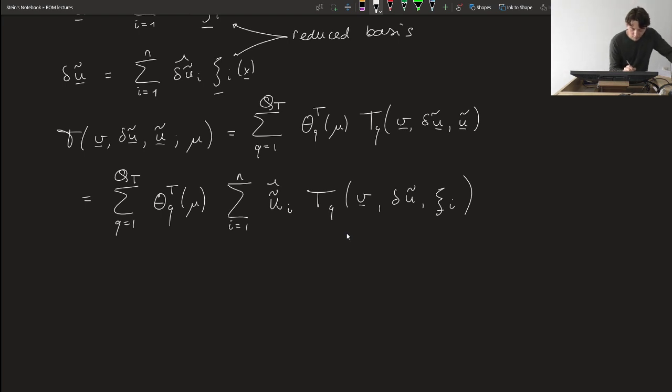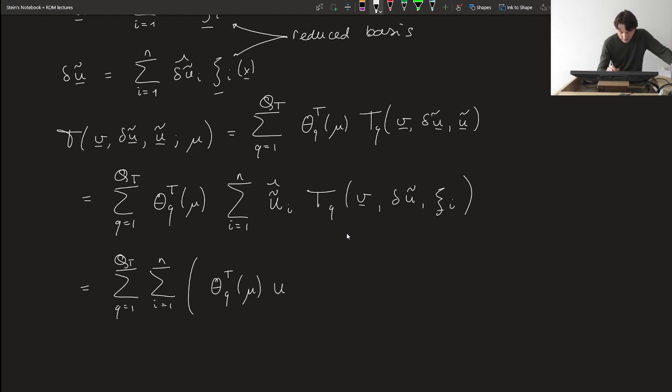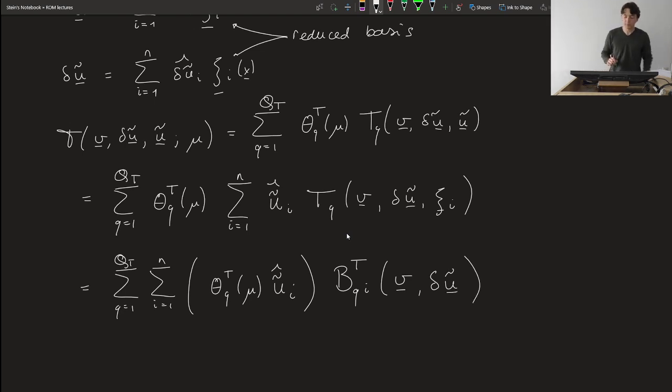Now I can rewrite this a little bit to make the point clearer. I can write this as a sum of q from q equal to 1 multiplied by the sum from i equal to 1 to n of phi's which are mu dependent, and these coefficients from our previous solution state, times new bilinear forms that are deduced from the trilinear form, dependent on q and i, and dependent on V and del U. I obtain these bilinear forms by substituting this constant reduced basis.